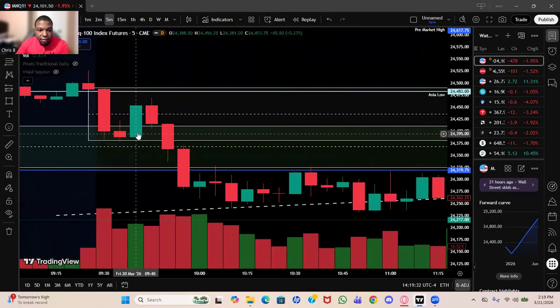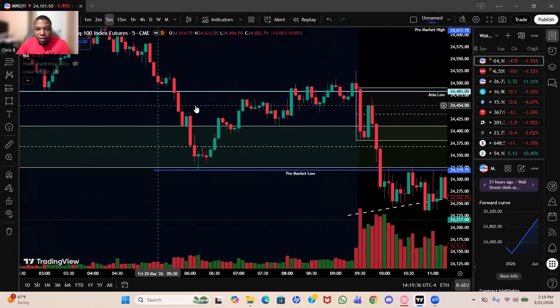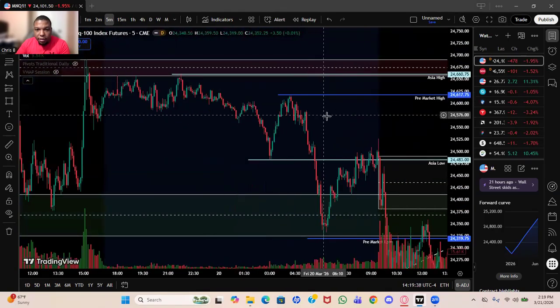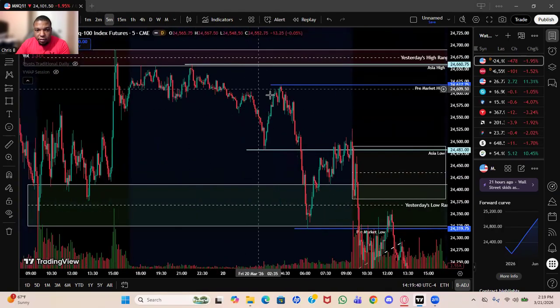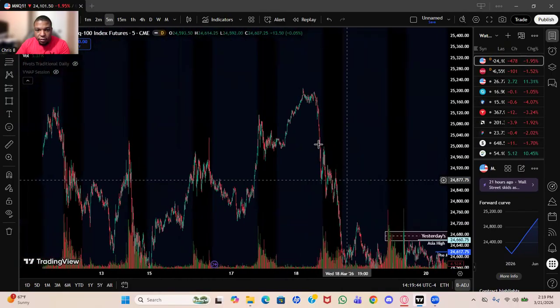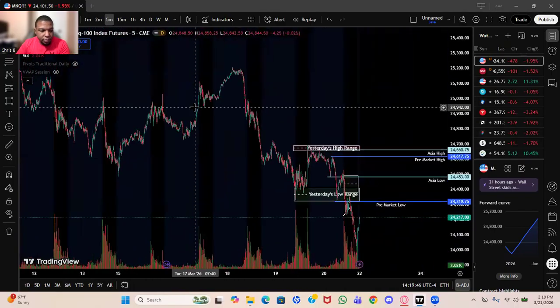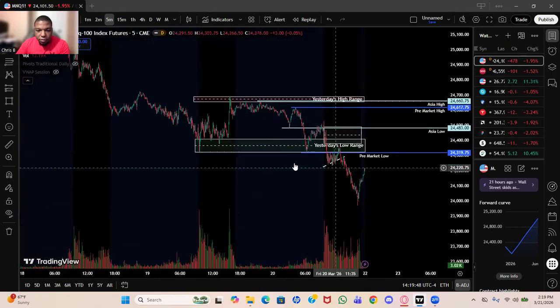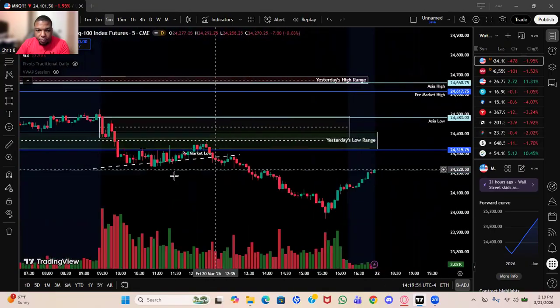So bulls tried to take us up. The reason why I can't be bullish is because the trend is bearish. It's been bearish for the past few days. As we see here, it's been bearish. So let's read price action again.